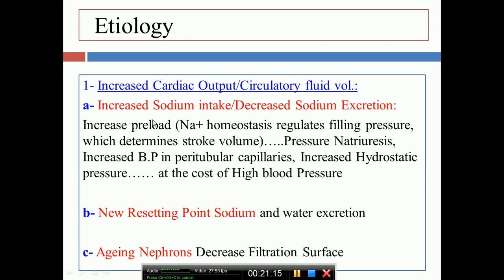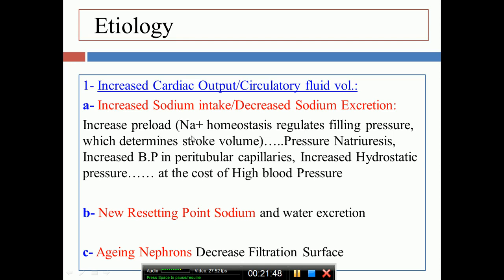What will be the consequences if someone is taking a greater amount of sodium or has a lesser ability to excrete sodium? This will increase preload. Sodium homeostasis regulates filling pressure, which determines stroke volume. Preload means the amount of blood that fills the atria. Greater that amount, greater will be the preload.